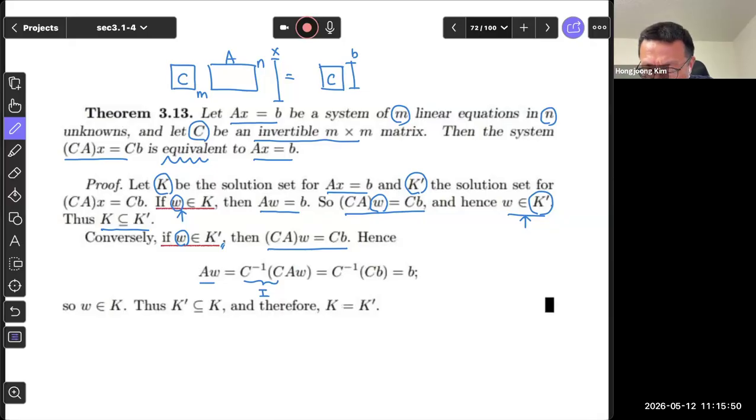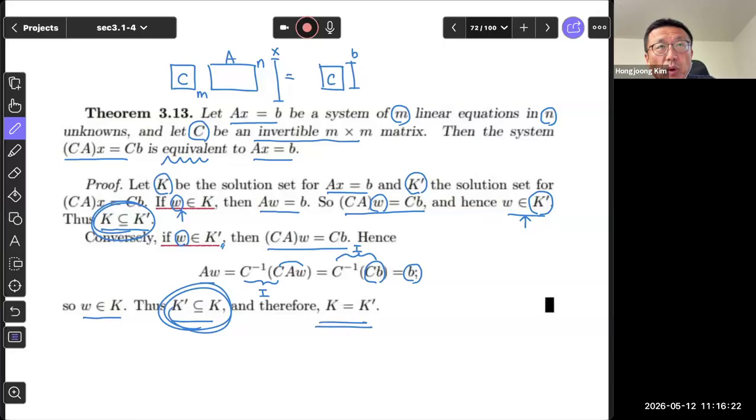Now C times A times w is the same as C times b, and since matrix multiplication is associative, I can perform C inverse times C again, which is the identity, so you get the b vector. So w will satisfy the original problem, meaning K prime is a subset of K. By combining these two facts, we can derive the result.